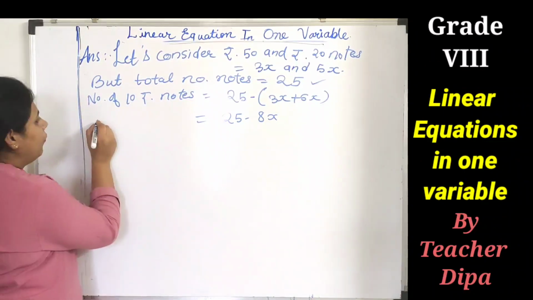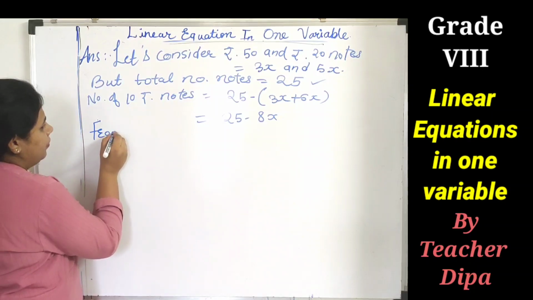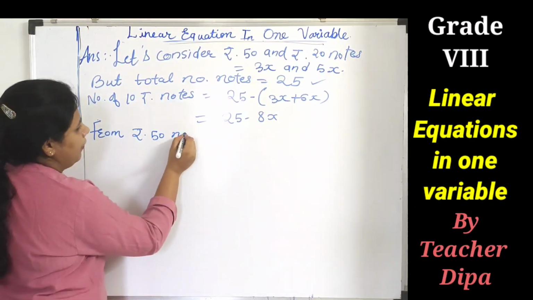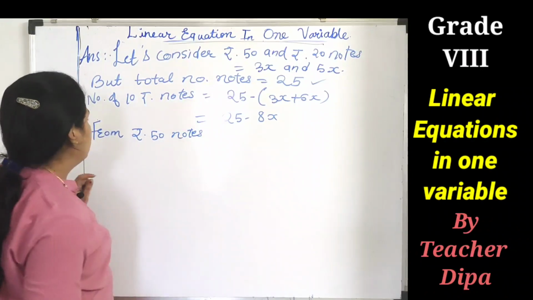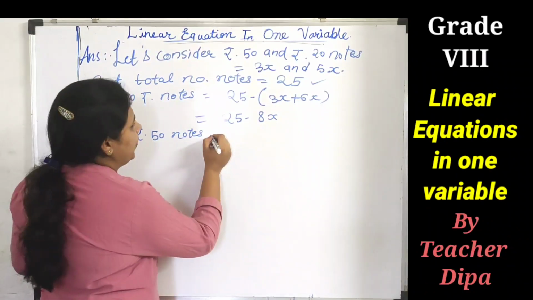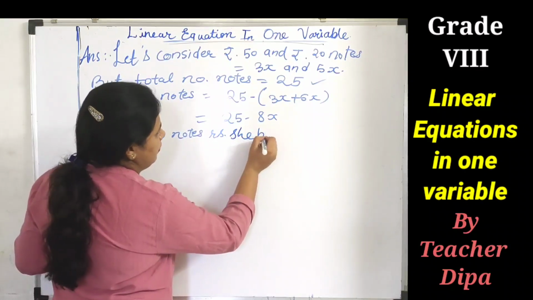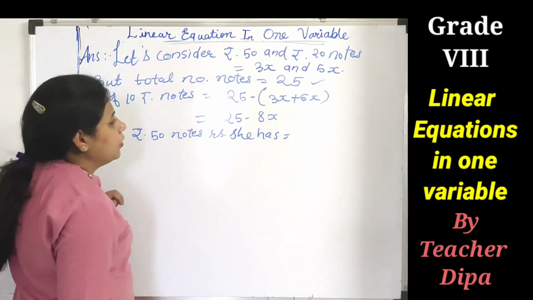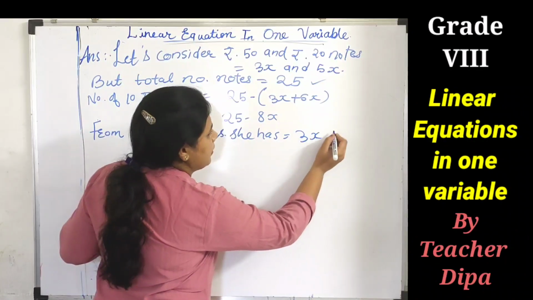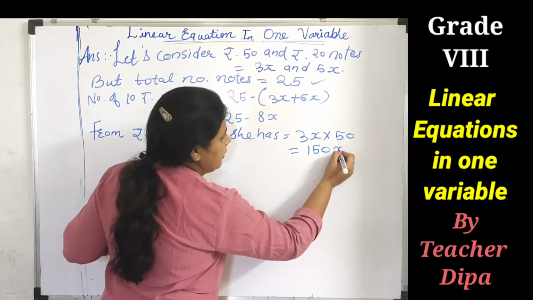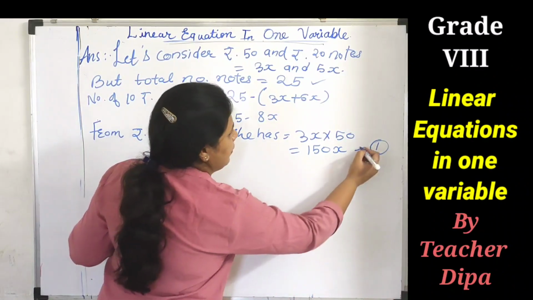Now from rupees 50 notes she has, equal to, I can write 3x into 50, so is equal to 150x. So that is your equation first.